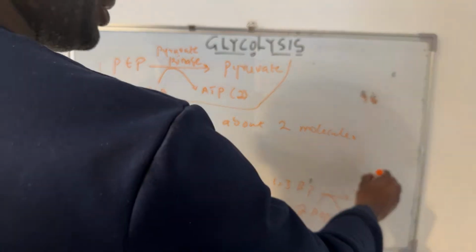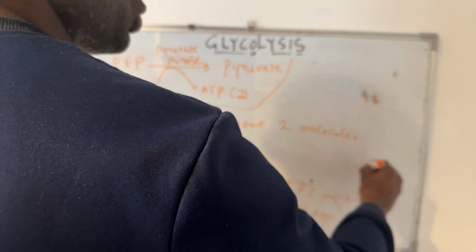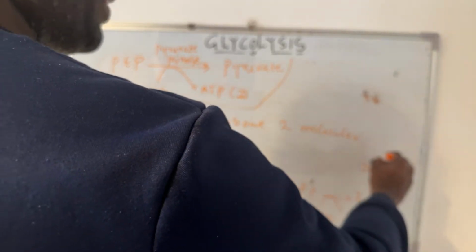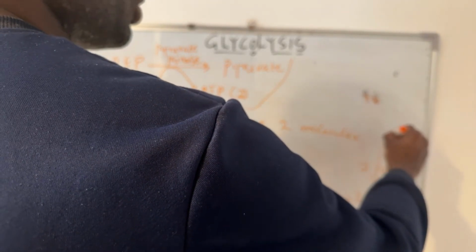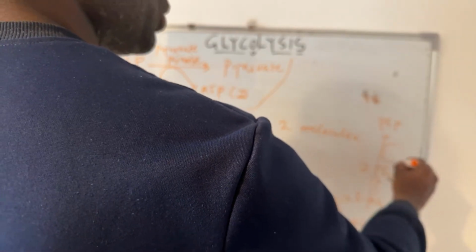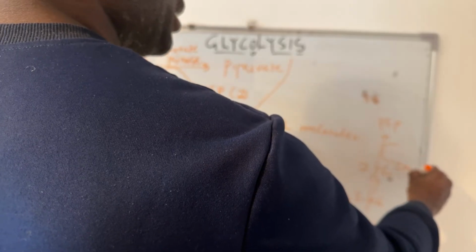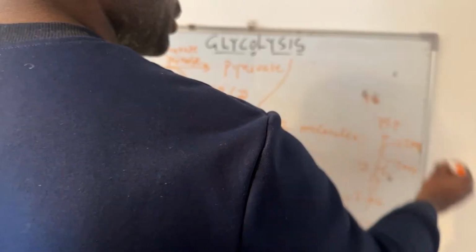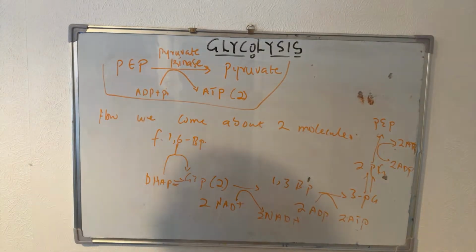And this goes to 2-PG. So when this goes to PEP, it's actually 2 ADP to give 2 ATP. So that is how we come about the 2.